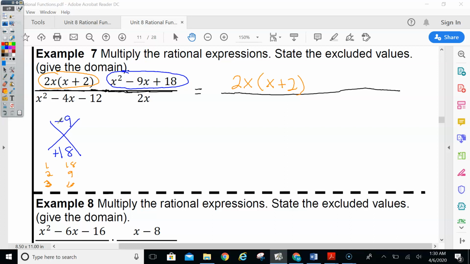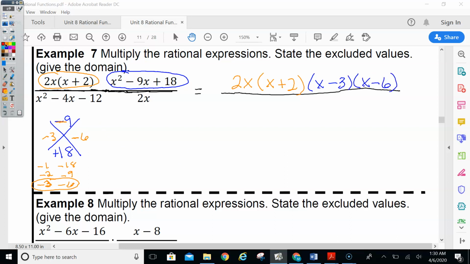For it to be a negative 9 and a positive 18, these got to be the same. We want them both to be negatives. So which one gives me negative 9, negative 3, and negative 6? So then this numerator is x minus 3, x minus 6.